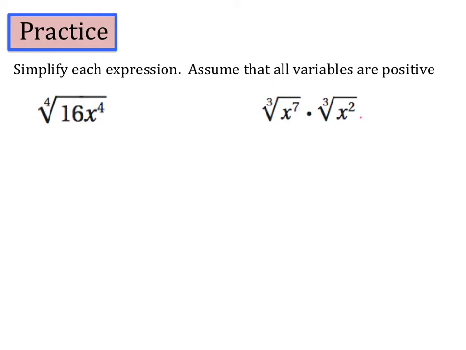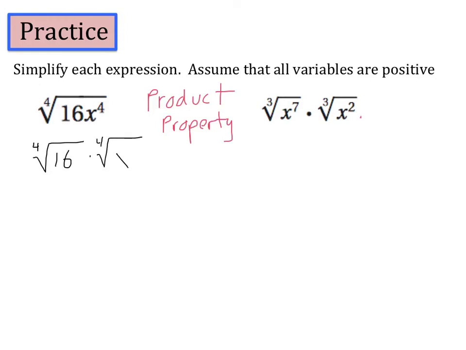Okay, let's do a few practice problems. For these two, these will both be product property. So the first one, we'll break that down into the fourth root of 16 times the fourth root of x to the 4.